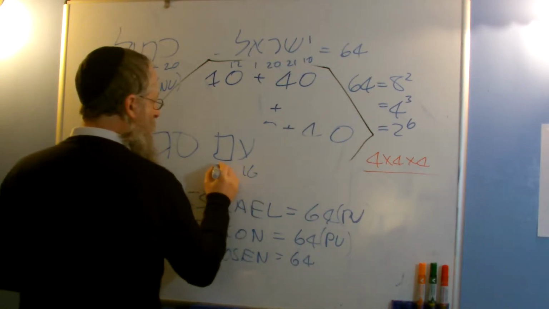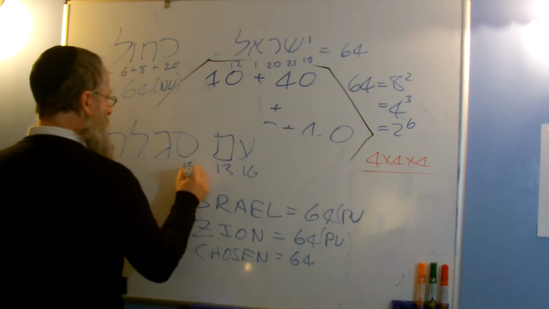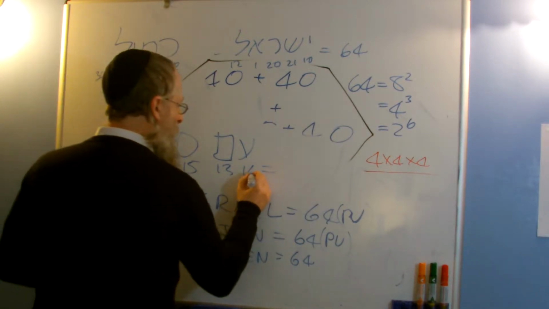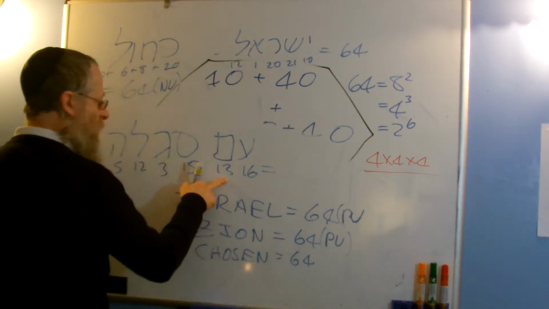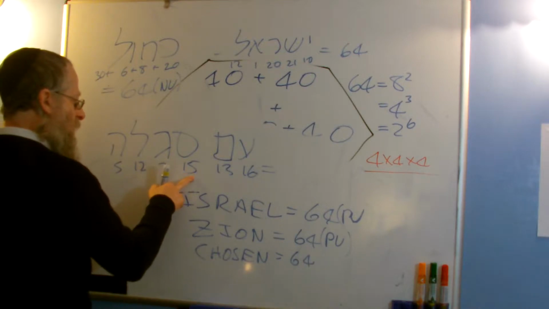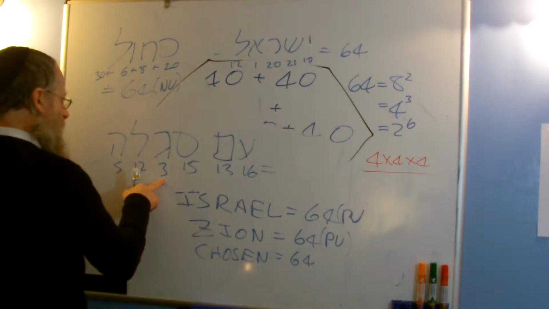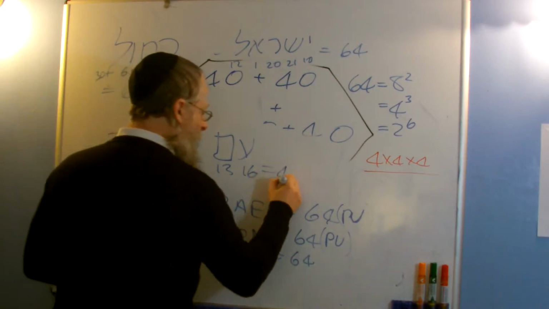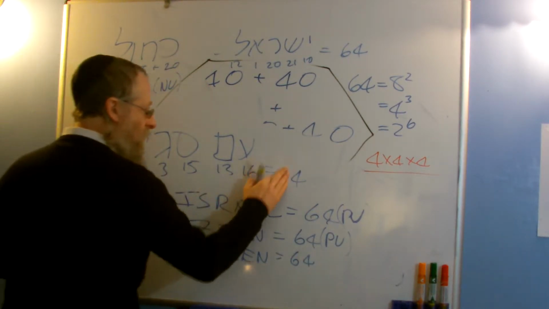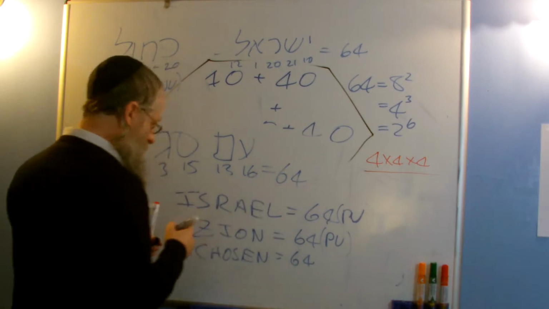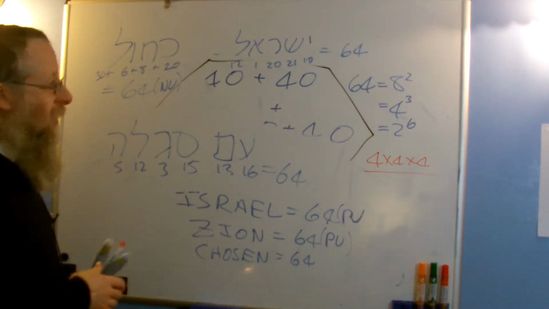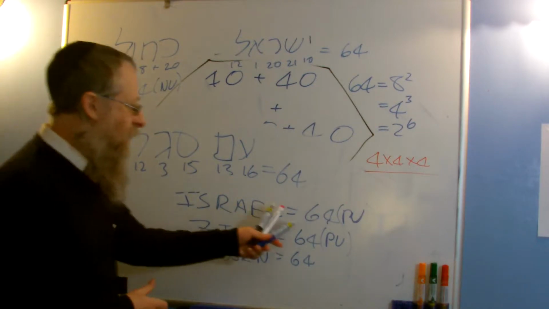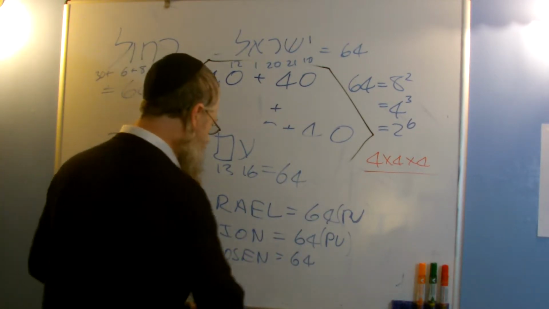Ayin is 16, 13, 15, 3, 12 and 5. We'll work that out. 16 and 13 is 29, 39, 44, 47, 48, 49, 59, 64. Okay? Oops, that's number 6. 64. So all these are related to the flag of Israel through the number 64, which equals 157.